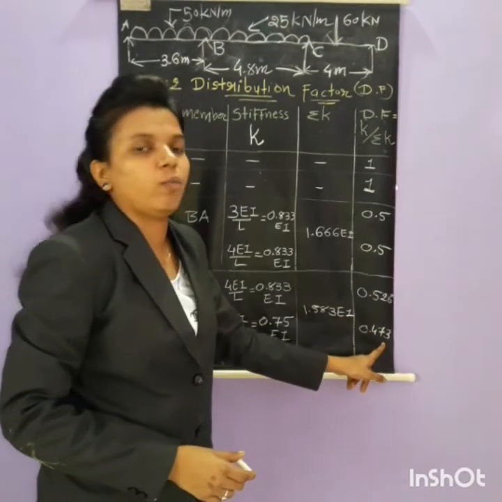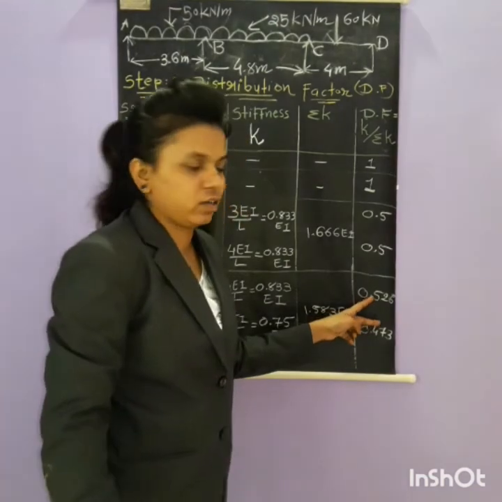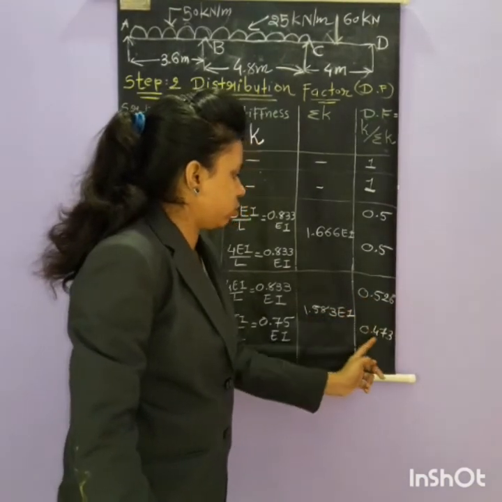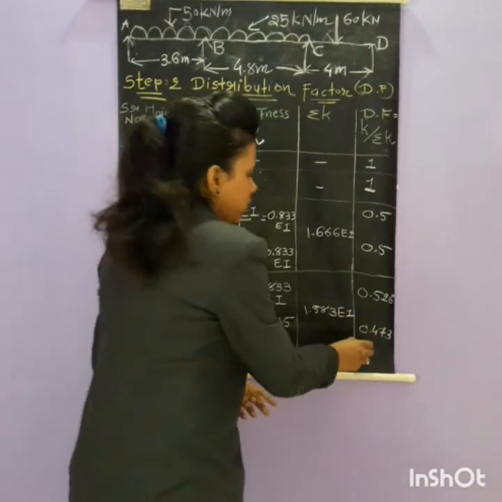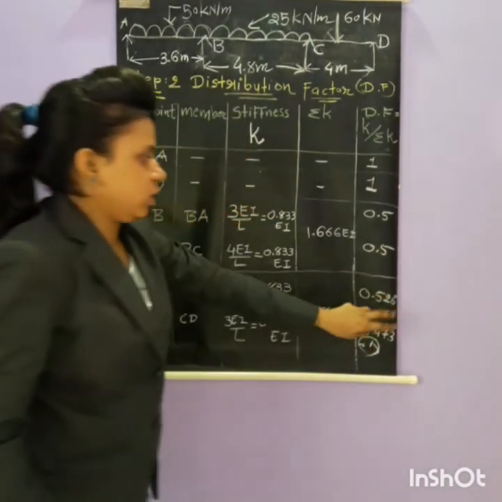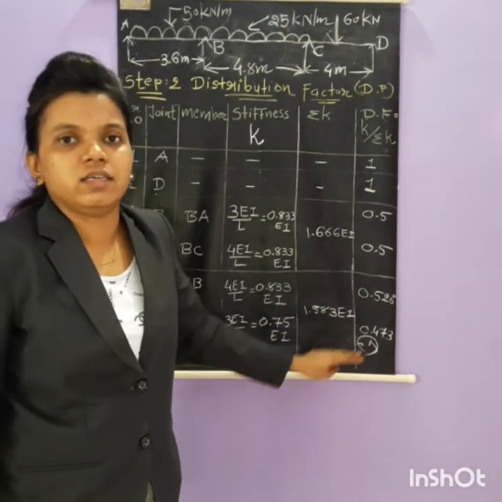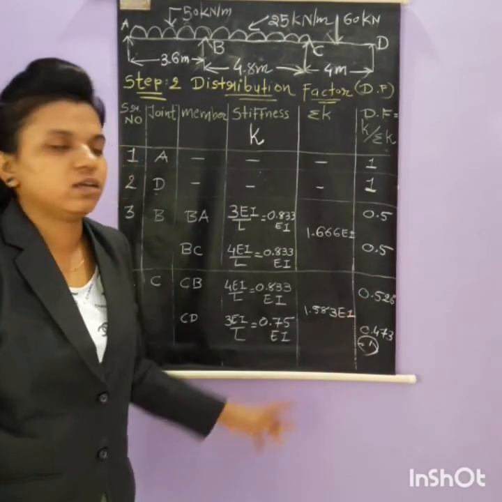The answer is 0.473. You can also check that 0.526 plus 0.473 is equal to 1. When you cross check that the sum of the distribution factors is 1, the answer is correct.